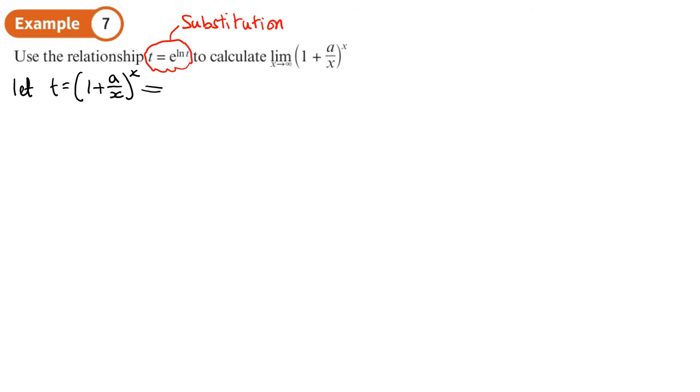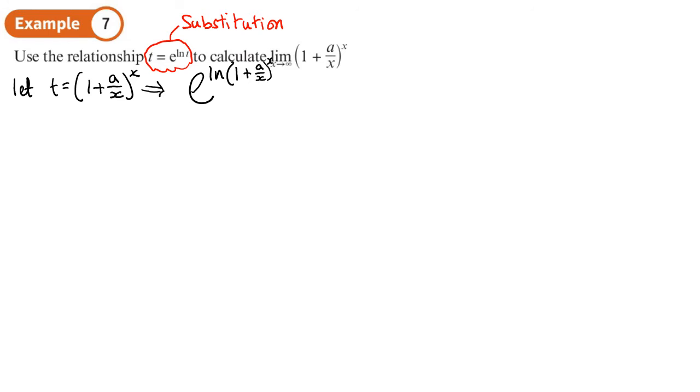So if we let t equal to that, that means that actually we have e to the log of 1 plus a over x to the power x there. So what does that mean?